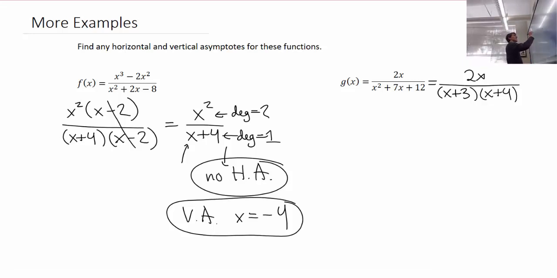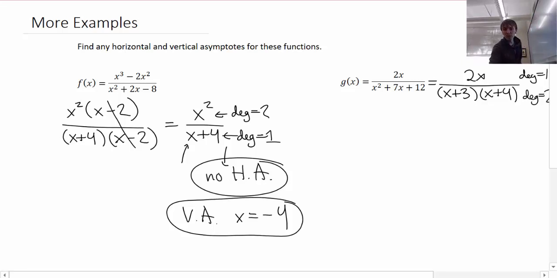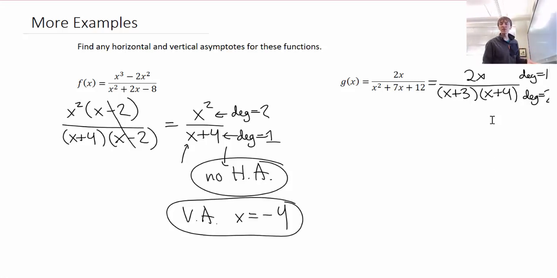So let's take a look at degree. So the degree up top is 1, degree down below is 2. So you can look back at that criterion to remember what happens if the degree of the bottom is bigger than the degree of the top. That's rule number 3, and that says that the horizontal asymptote is 0.